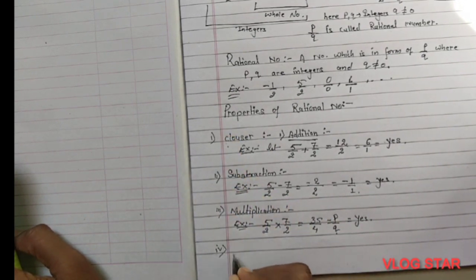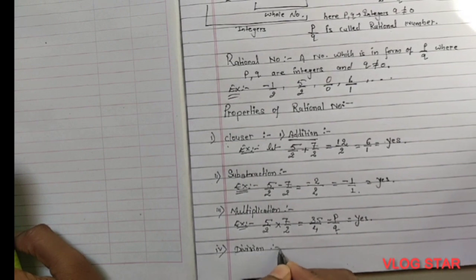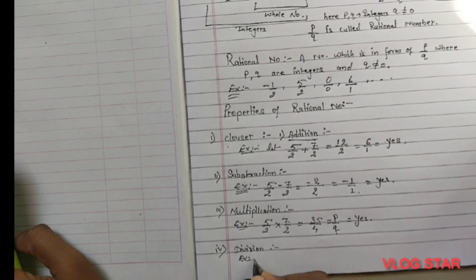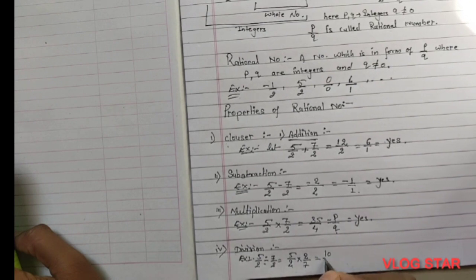Next is to check division. I am taking the same example, 5 by 2 divided by 7 by 2. What will we get? As it is, we will write 5 by 2 and the reciprocal of 7 by 2, that means 2 by 7, which is equal to 10 by 14. Is it a rational number?